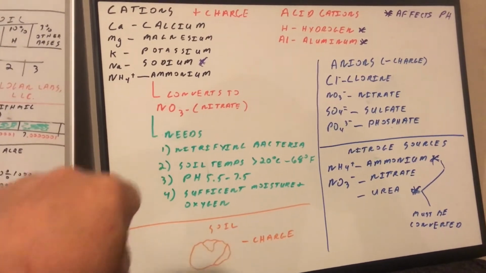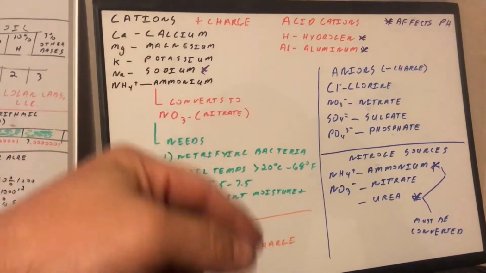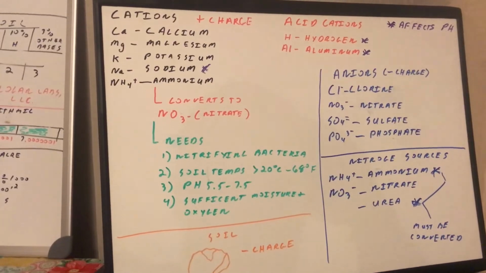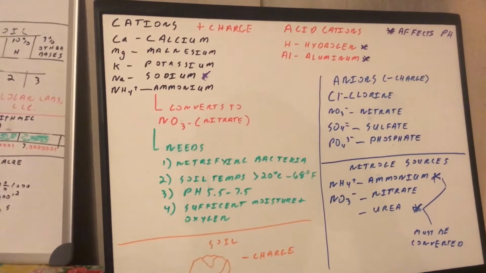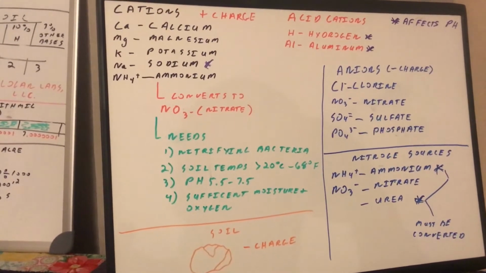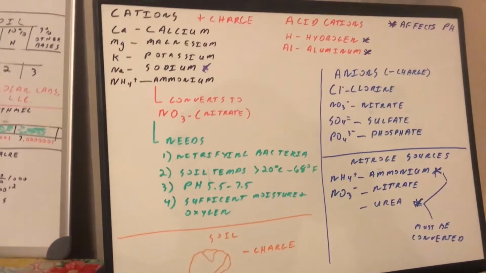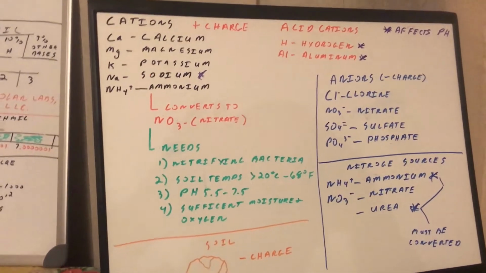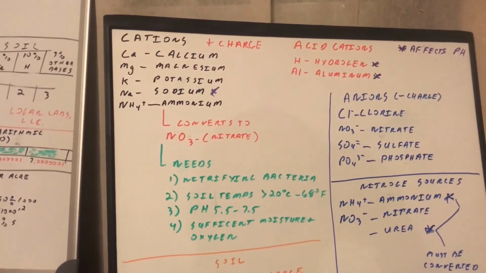The other thing is, what we do have that is plant available leaches and washes down through the soil. If you remember the video I showed you about the colloid, it leaches down through the soil and becomes unavailable to the plant. So the plant is basically starving for nitrogen right now because the conditions are not there. So just so you understand nitrogen and what's going on with that.